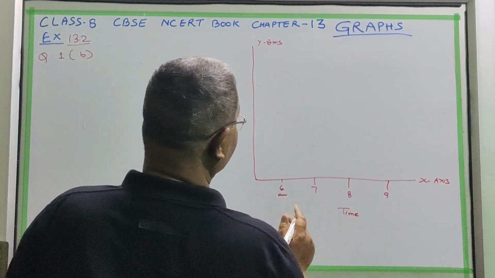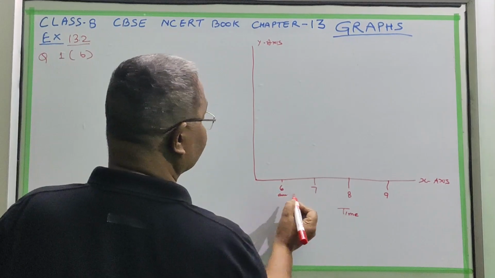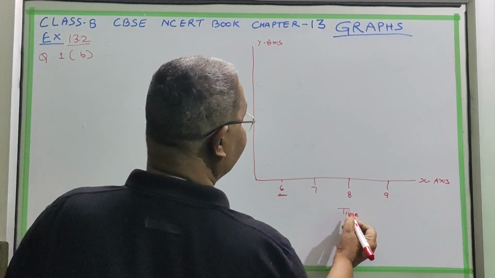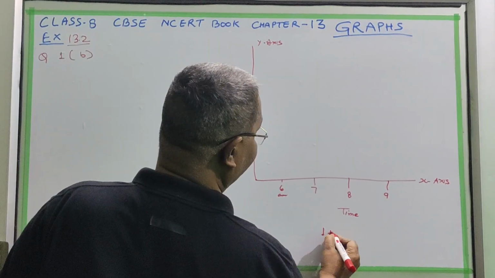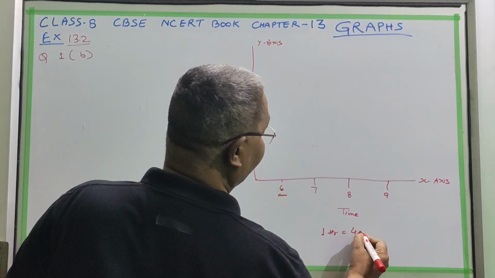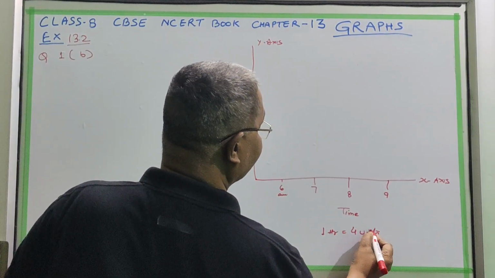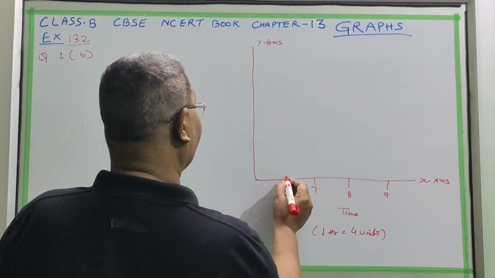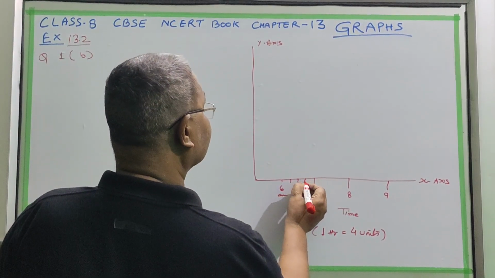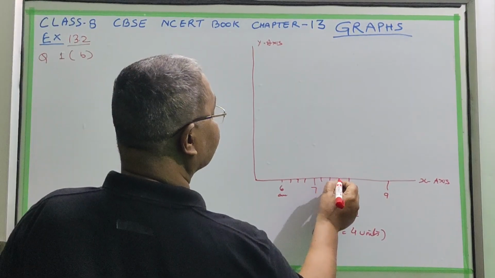Or better, you take 4 units, so 1 hour is equal to 4 units on the scale. It is easier, because sometimes 15 minutes comes up, no? So 1, 2, 3, 4, and half you can make.